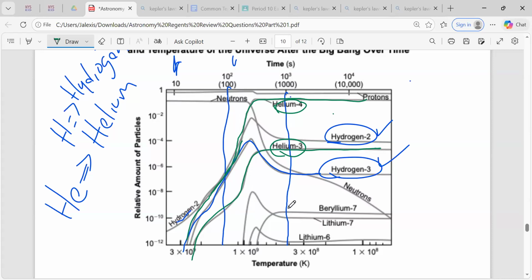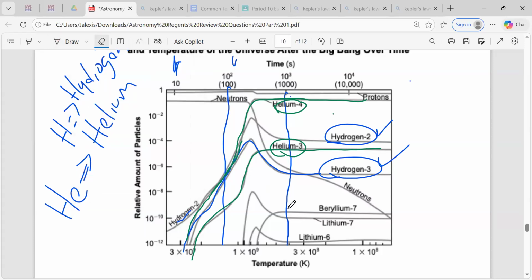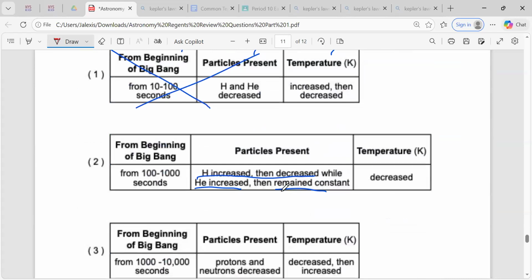During these two areas, and let me use the red as my cutoff point, from 100 to 1000. Look at my green line. Helium does increase and then it stays on a straight line from 100 to 1000. Helium does increase, but then it stays on a straight line. So does that match up? It does, right? H increase, then decrease, right? While He increased and then remained constant.